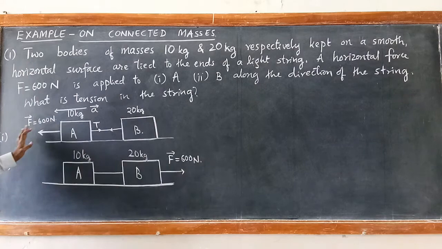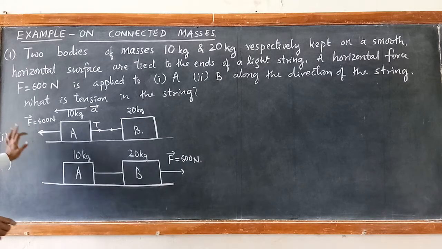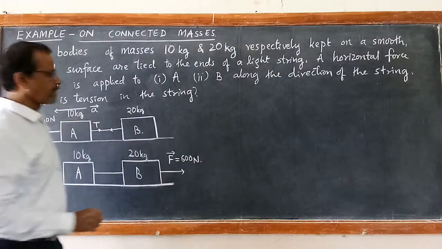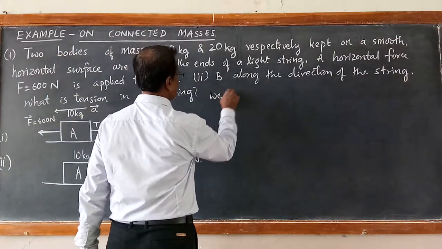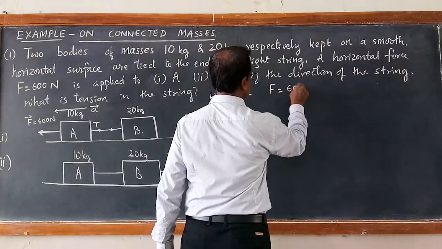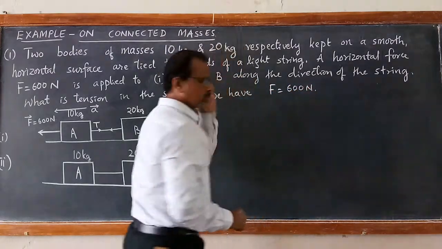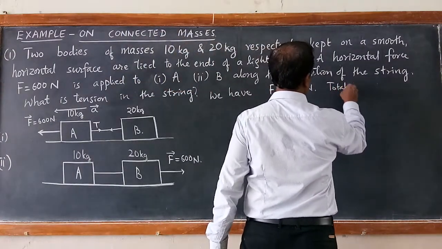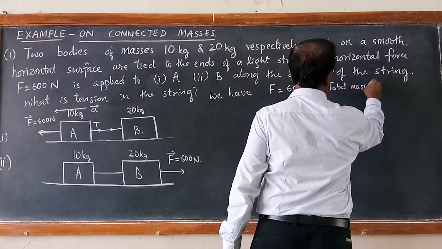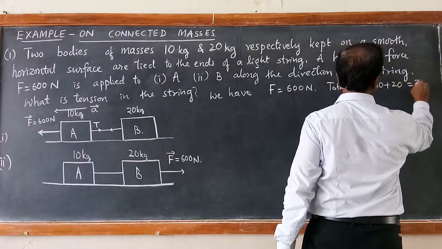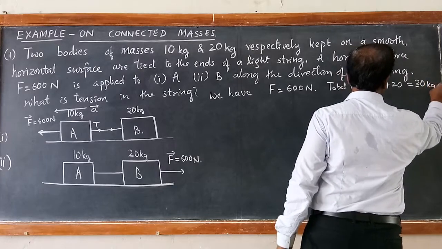So first let us solve the first case. To solve it, let us find out the acceleration A. We have applied force equal to 600 Newton. Total mass is equal to m1 plus m2, 10 plus 20, that is 30 kg.